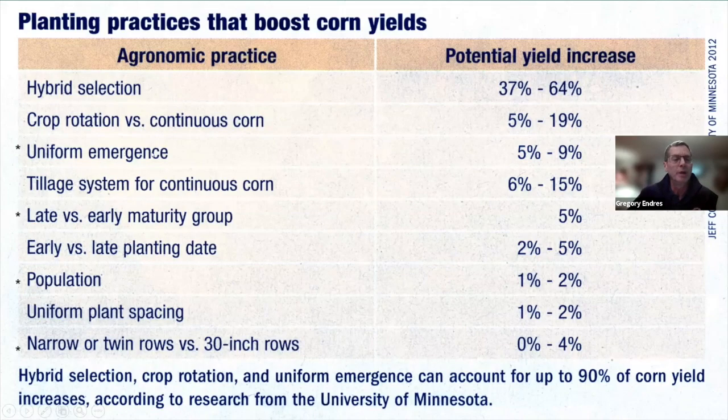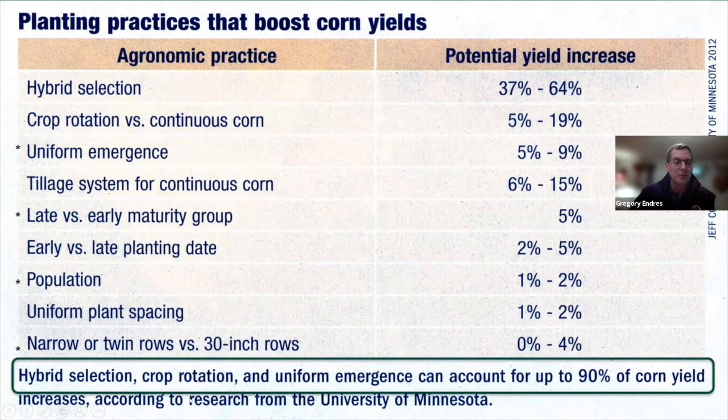But those would include uniform plant emergence, relative maturity groups, plant populations, and then I'll show a little bit of information on row spacing as well. I just want to emphasize that according to the Minnesota information, hybrid selection, crop rotation, and uniform plant emergence can account for up to certainly a majority of the impact on yield.